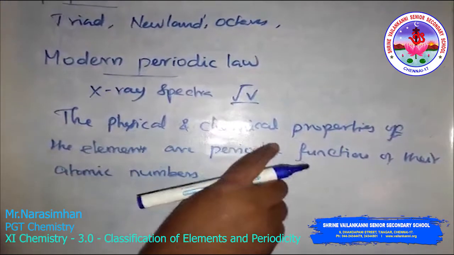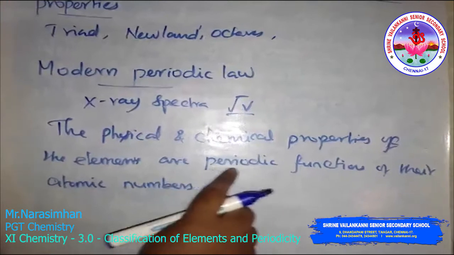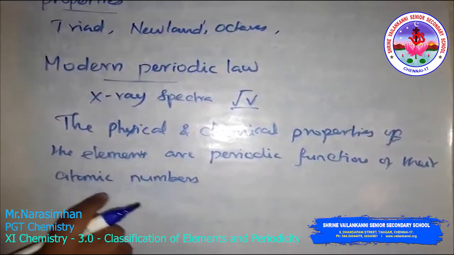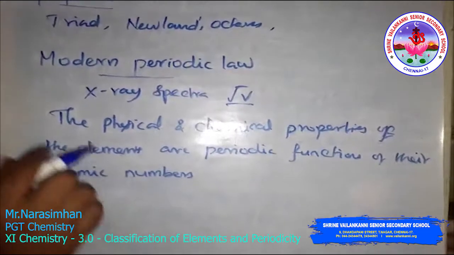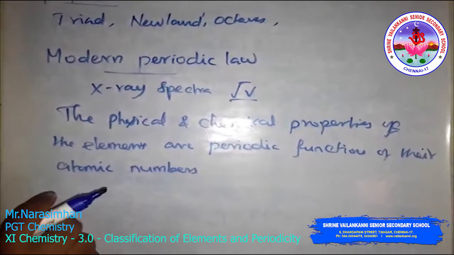The physical and chemical properties of the elements are periodic functions of their atomic number. This is called the modern periodic law.